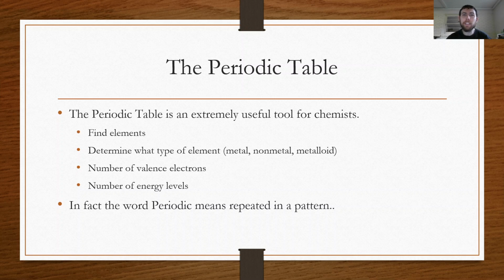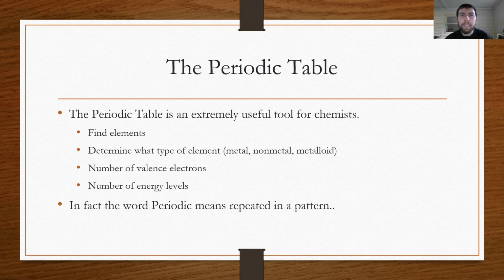And interestingly enough, when you think about the term, why is it called the periodic table? Really, the word periodic here is not just talking about something that's sporadic or occurs every now and then. When chemists came up with the idea of the periodic table, they were thinking of periodic in the context of meaning repeated in a pattern.